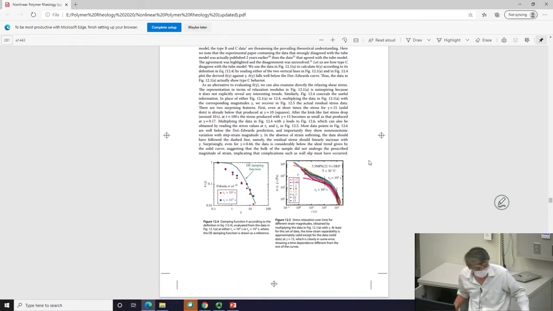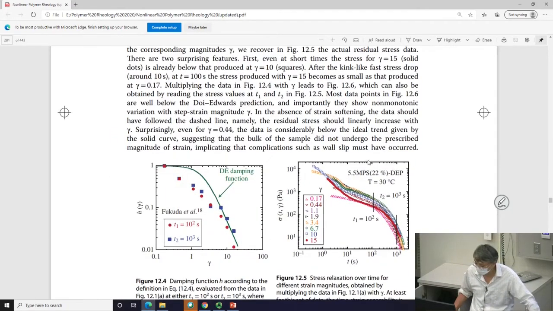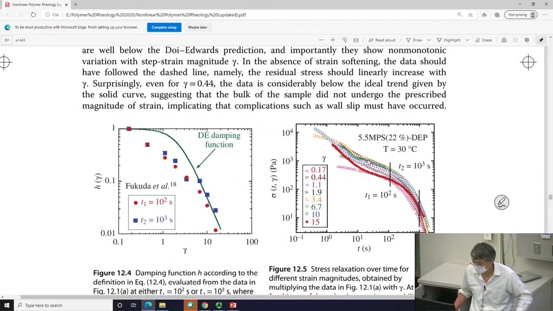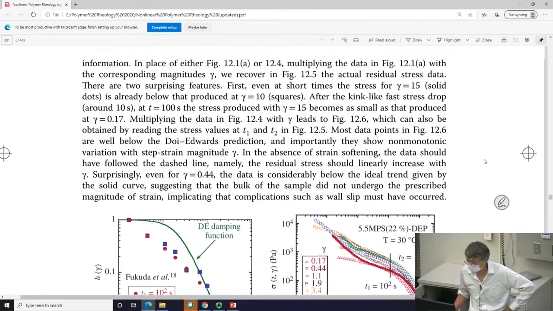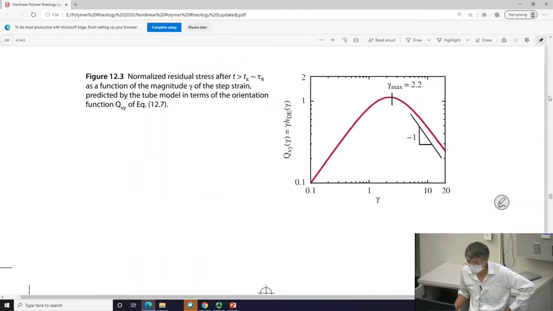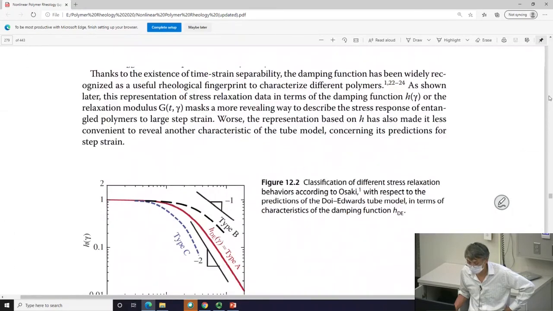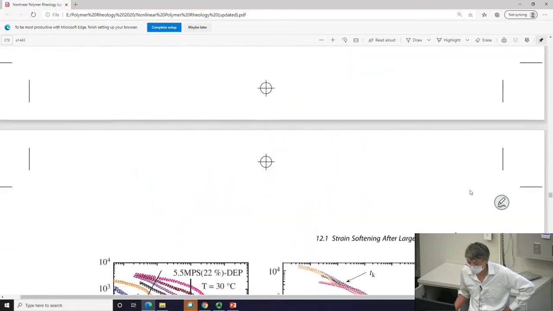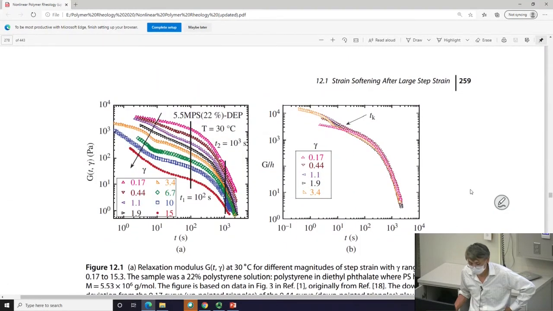But this is, if you like, another faithful reproduction of the experimental data. This is the same data as the first figure. Just for the sake of argument, look at the first figure.